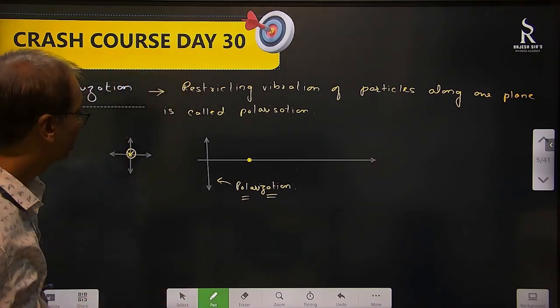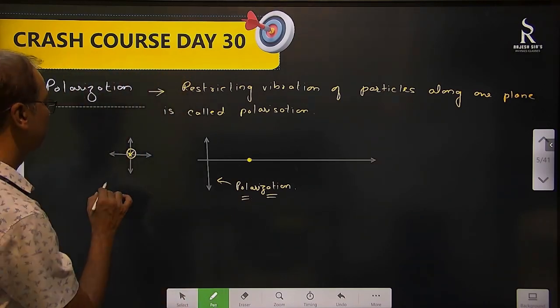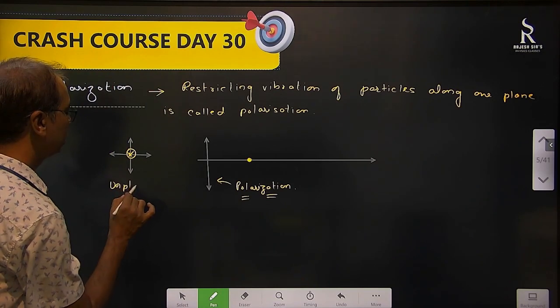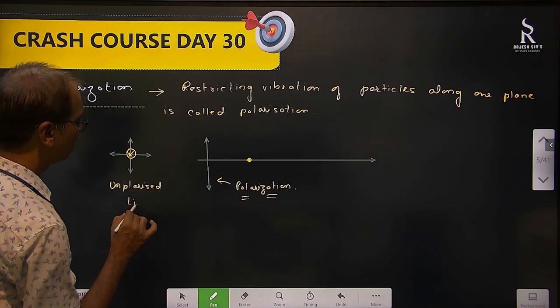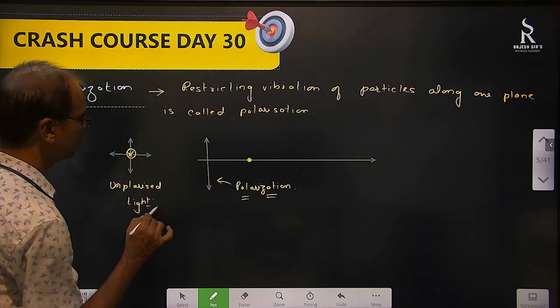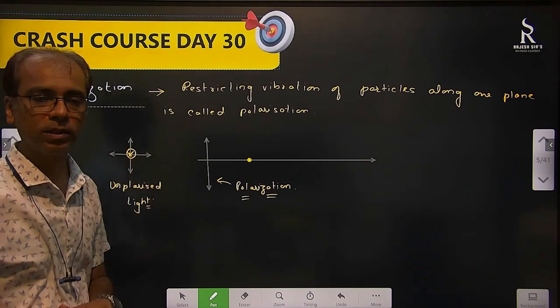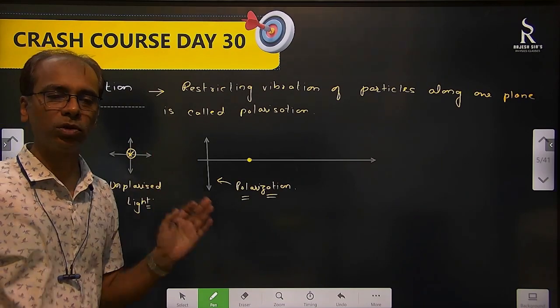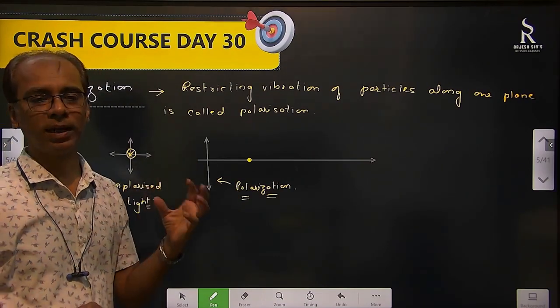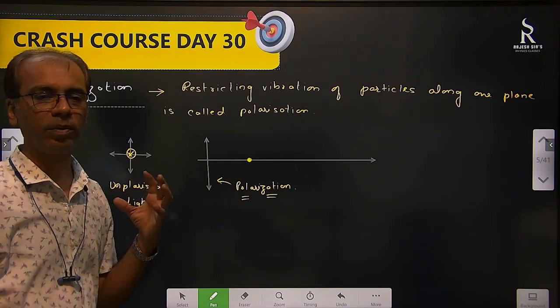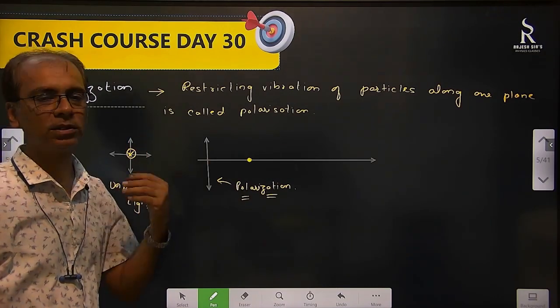Now suppose that unpolarized light is there. When you polarize light, obviously the intensity is going to decrease. From here the intensity will be decreased. So polarization is also a process in which you decrease the intensity of light. Certain polarized glasses which people wear, what happens when the light enters their eyes?